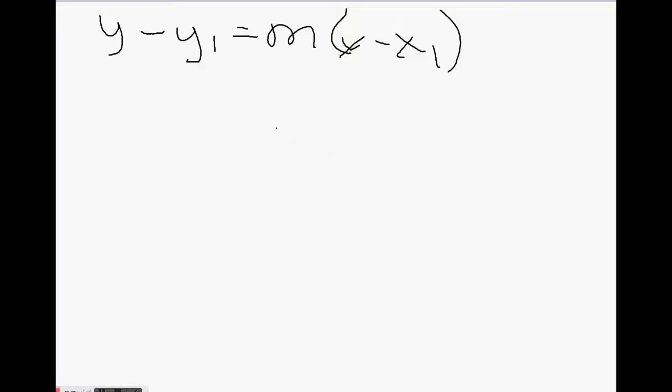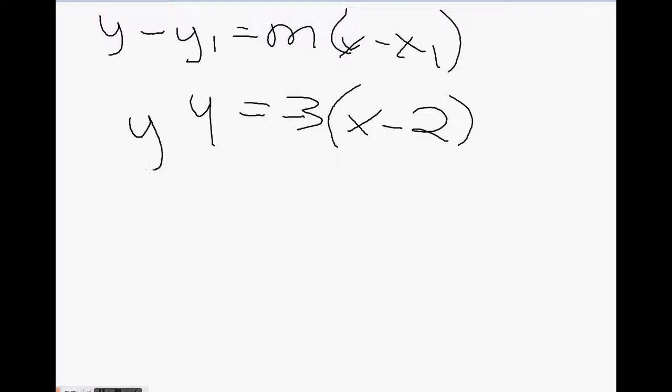Next, we have a slope of -3, and it contains 2 points. First one is x, next one is what? x1, which is 2, y1, which is 4, there we go.